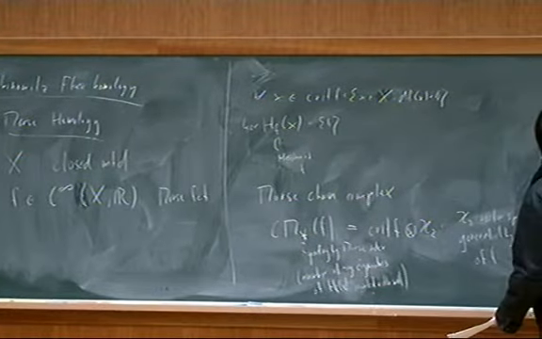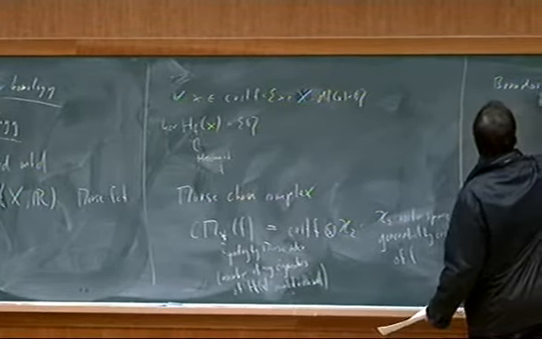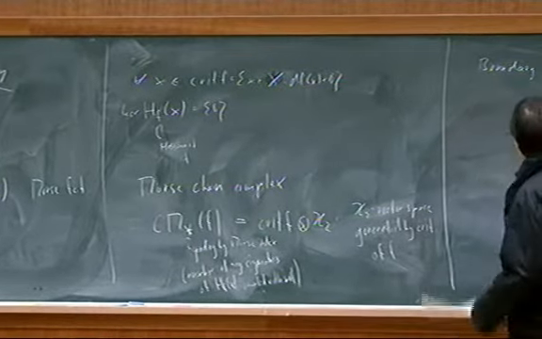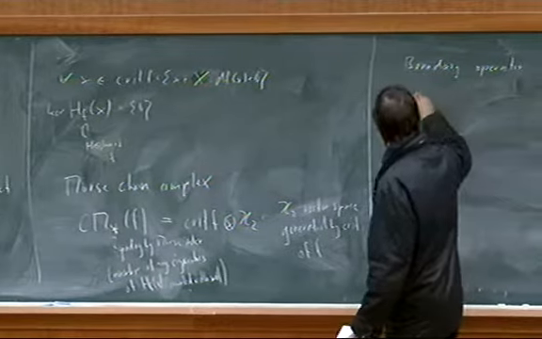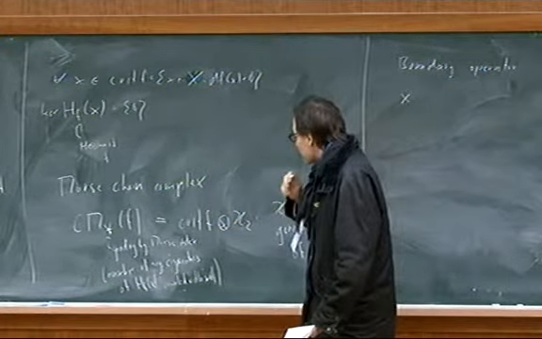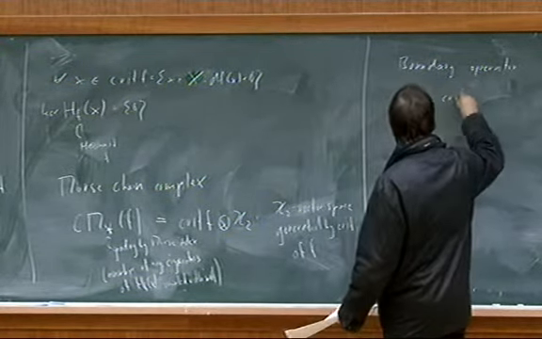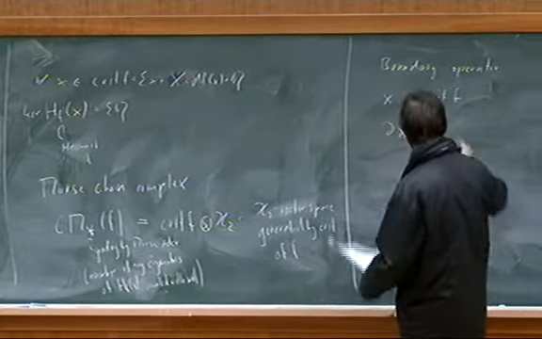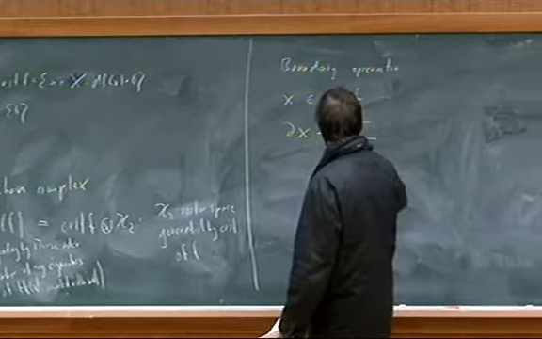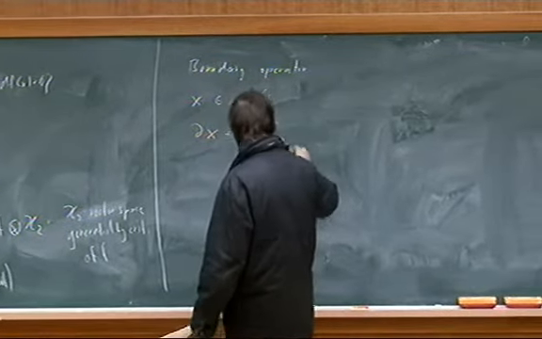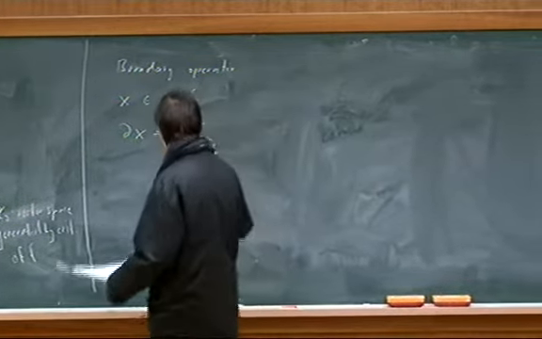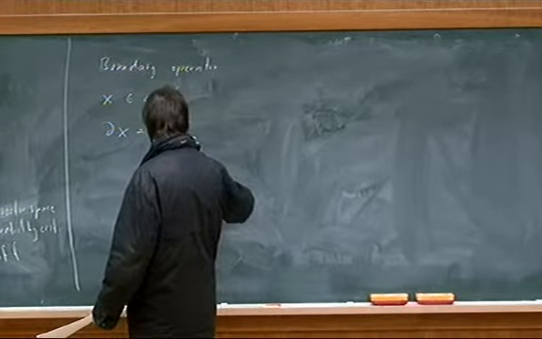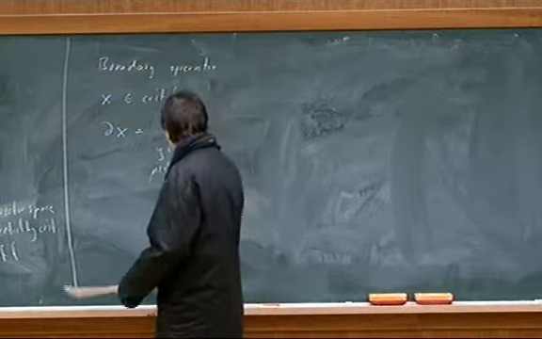So the boundary operator is a linear operator, so if x is a critical point of f, then the boundary of x is the sum over all critical points y of this Morse function where the Morse index is one less than the one of x.